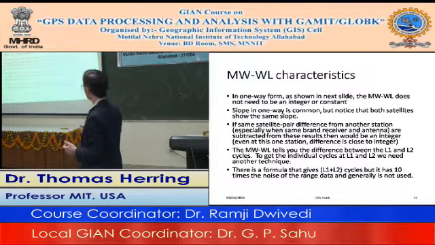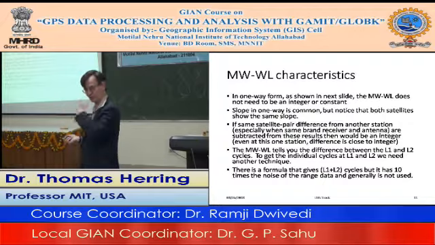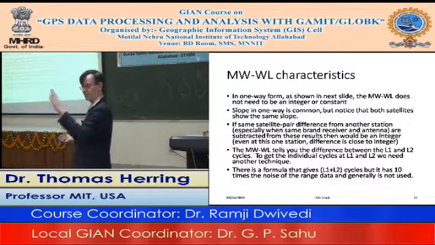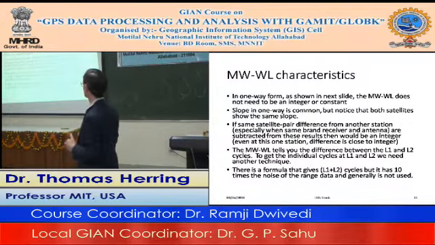The other interesting thing when we look at this is there are often slopes in this Melbourne-Wübbena wide lane, and again, that has to do with instrumental biases that will actually cancel out when you go to double differences. As you go to satellite pairs, it'll cancel these things out.